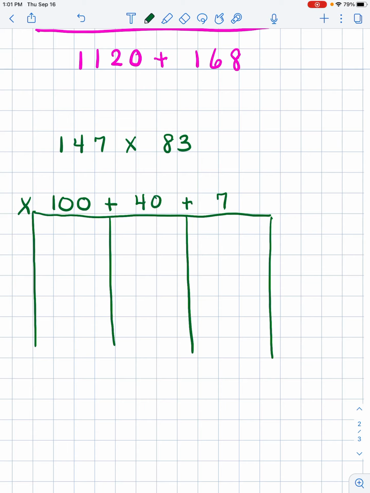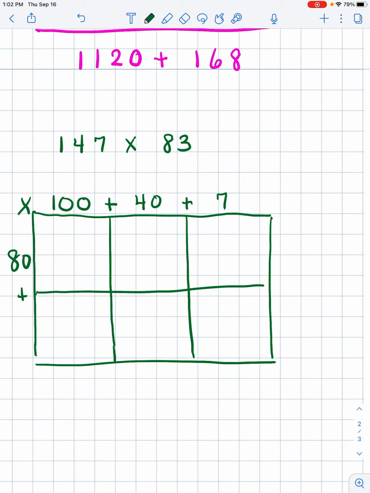And you kind of get that by just saying the number, 147. All right, and now let's expand the 83. And again, just say that to yourself, right? So 80 plus 3.